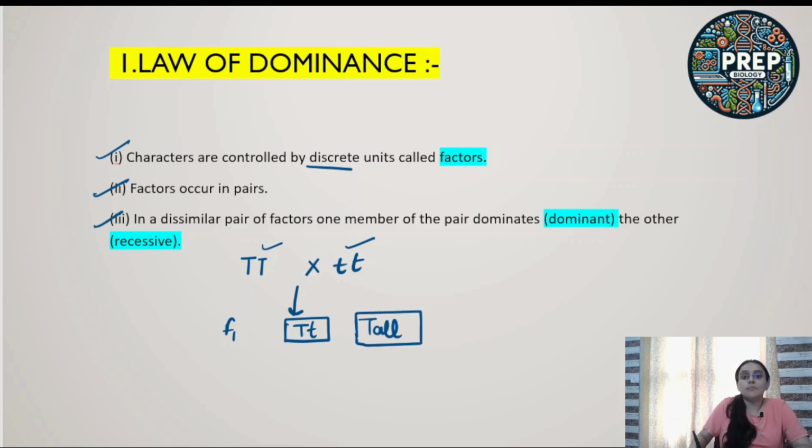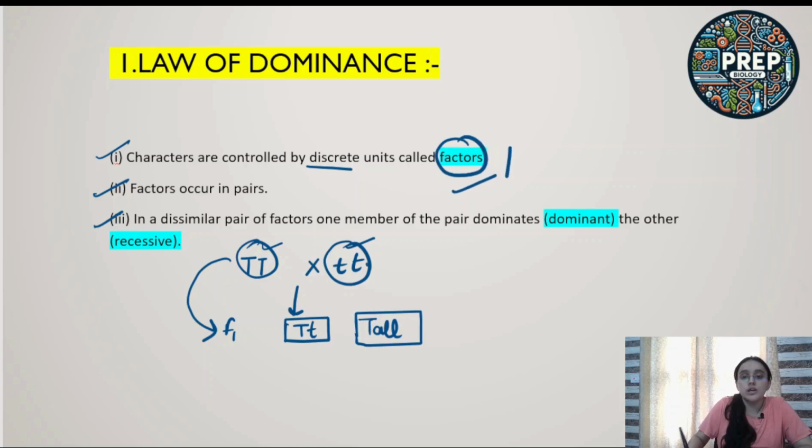By this observation he stated that something is transferred from the parents to the generation in the form of units that are called factors. Nowadays the factors are called genes.